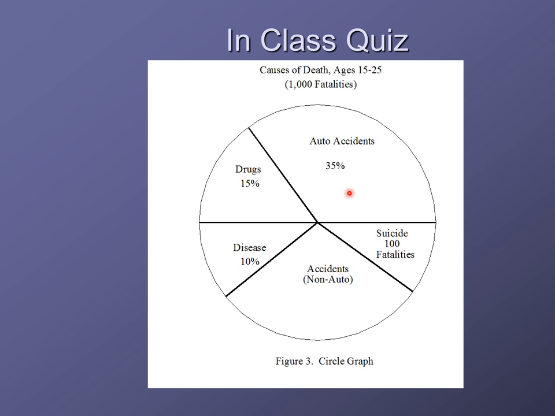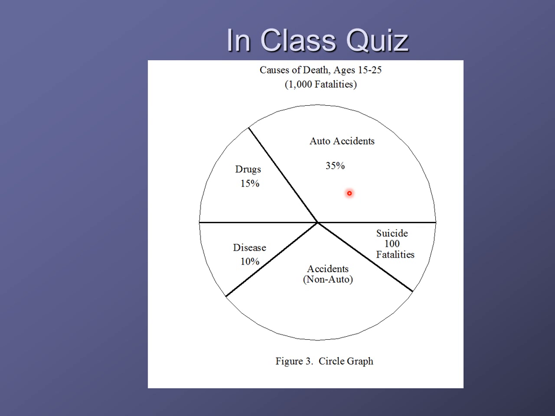of people aged 15 to 25. Out of 1,000 fatalities, let's say in Saudi, we see how much.